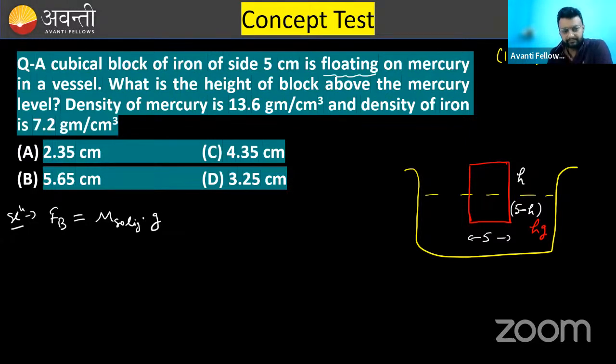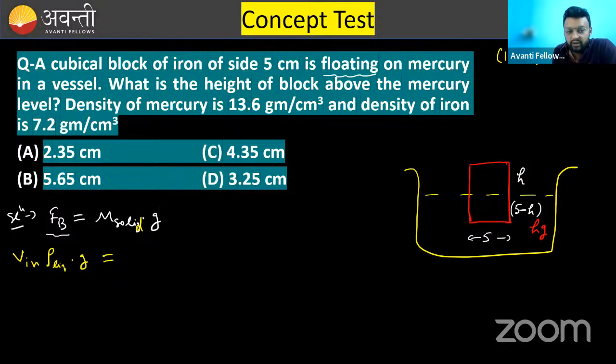Clear? And what is the buoyant force? Buoyant force is the volume inside into the density of liquid into g, which is equal to the mass of the solid into g.